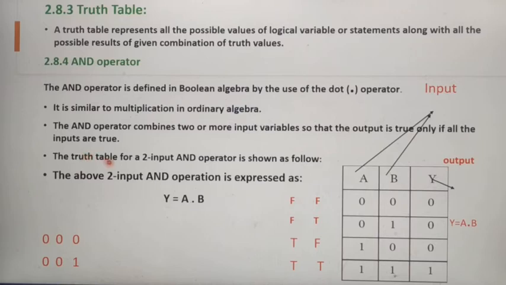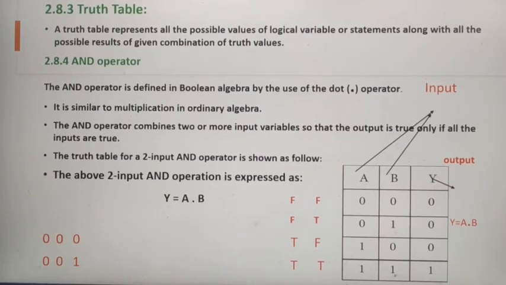Next point, the truth table for a 2 input AND operator is shown below. So this is truth table for 2 input AND operator. If any one of the inputs is false, our output will be false. First both inputs are false, so our output is false. This is just like a multiplication. 0 times 0 is 0, 0 times 1 is 0, 1 times 0 is 0, 1 times 1 is 1.